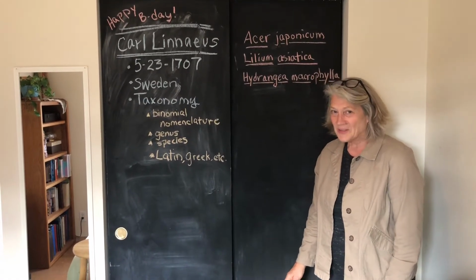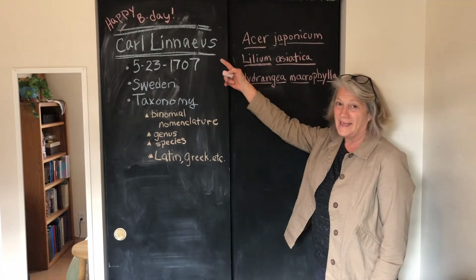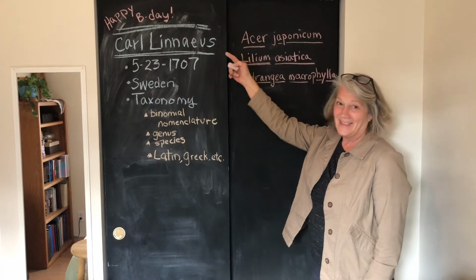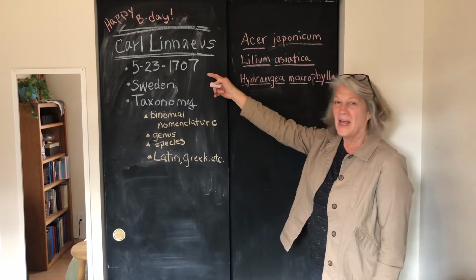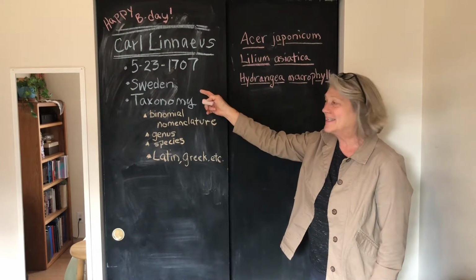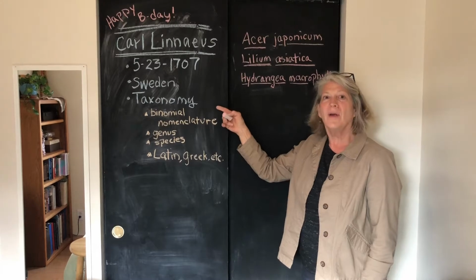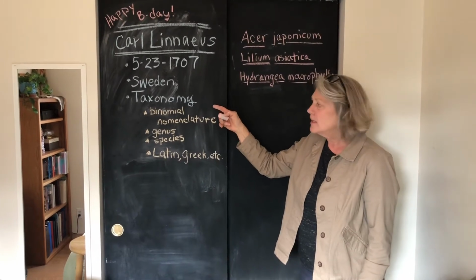Today we are in the classroom and we are saying happy birthday to Carl Linnaeus. Yes, born May 23rd, 1707 in Sweden. He is known, among other things, as the father of taxonomy.